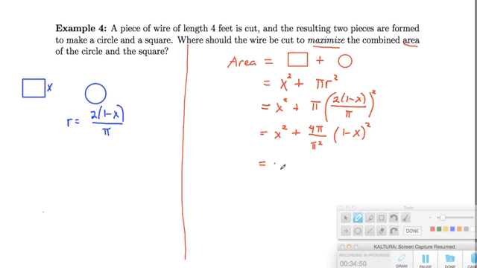So this is going to reduce down to x squared plus 4 over pi. 4 over pi is just a constant. Now (1 minus x) squared, I'm going to actually leave it like that. You could FOIL it out if you want to and take a derivative of the polynomial, but I think it might be easier just to use the chain rule to get the derivative here.